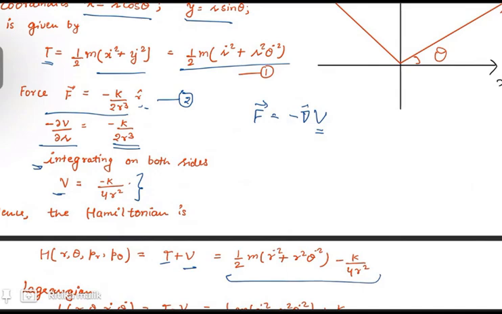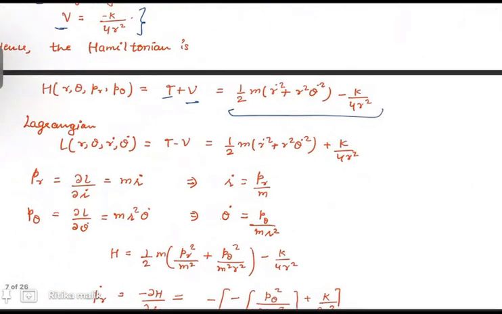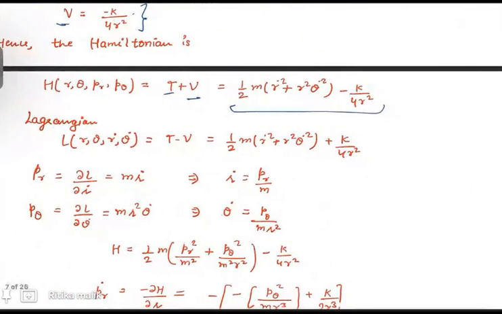But we know that the Hamiltonian is always a function of pr and p theta instead of r dot and theta dot. So to change r dot and theta dot to pr and p theta, we make use of the Lagrangian, which is kinetic energy minus potential energy. So this is our Lagrangian.